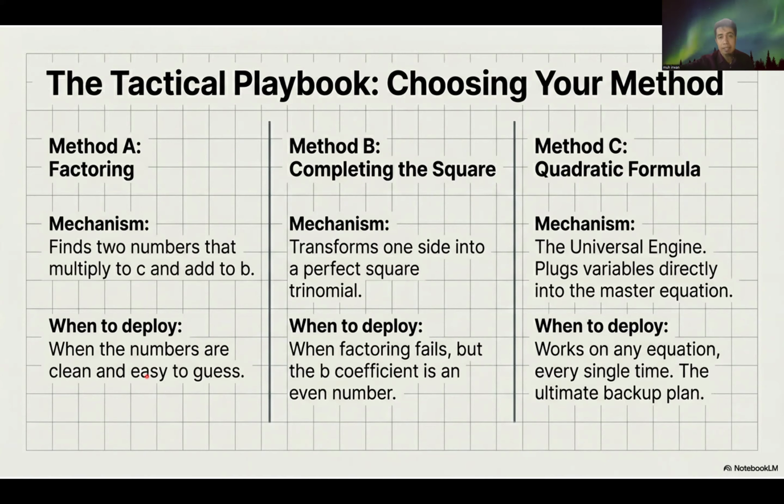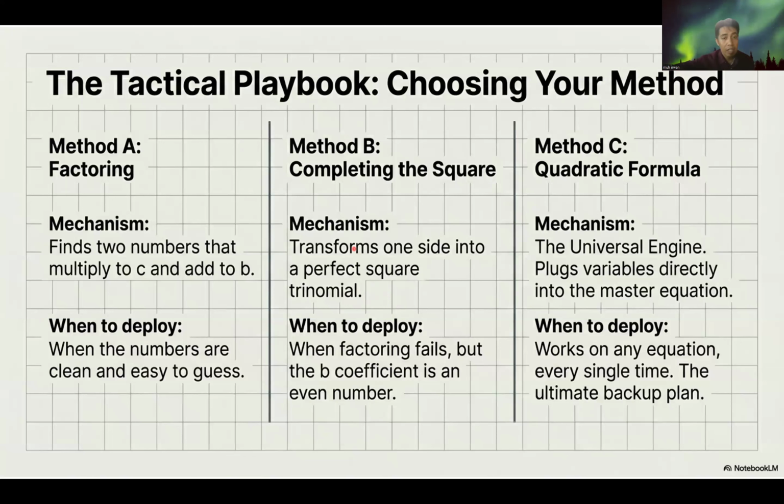The second is completing the square. The mechanism: transform one side into a perfect square trinomial.